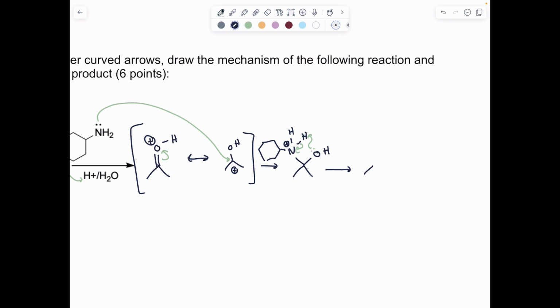And when we do that, this OH2 group is now a good leaving group because it's positively charged, and this nitrogen has now had one of its lone pairs freed up, so it can form a double bond with the original carbonyl carbon. So it's going to reform the double bond and kick off water as a leaving group.